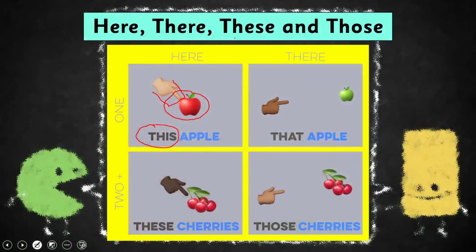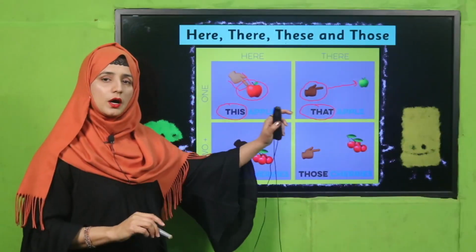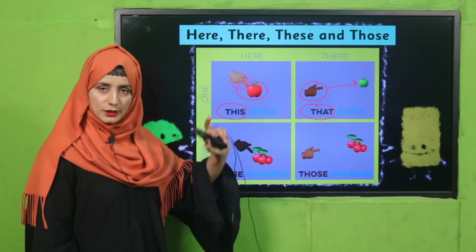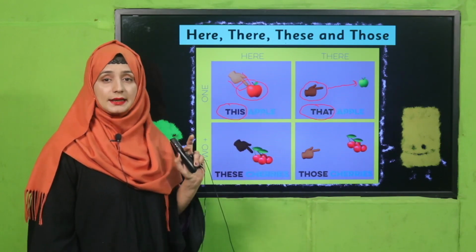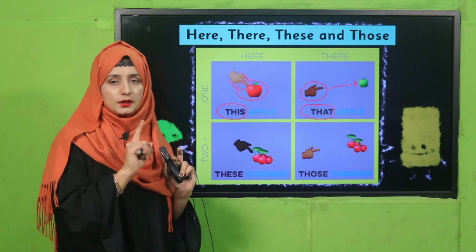And see in this example, that apple. This is that apple, and it is far away from the person who is pointing at that apple. Have you got that?